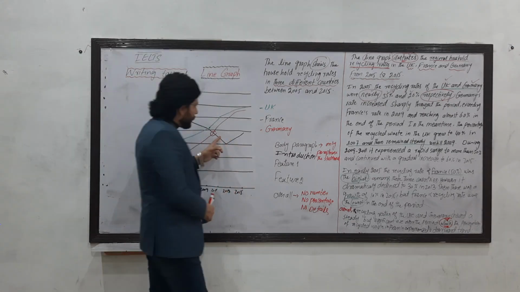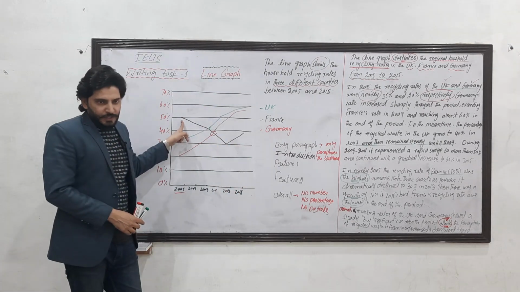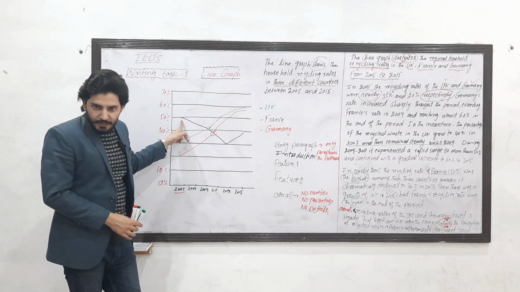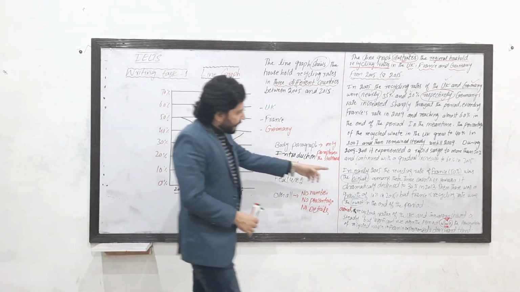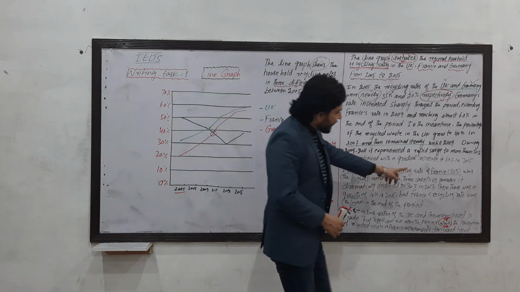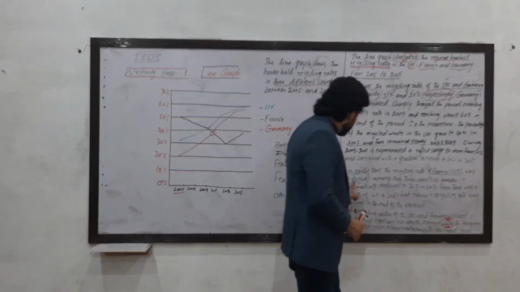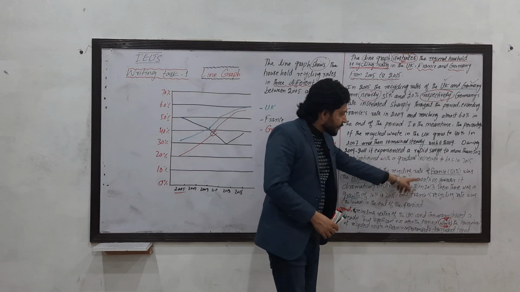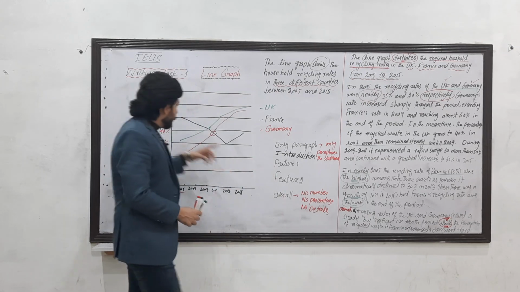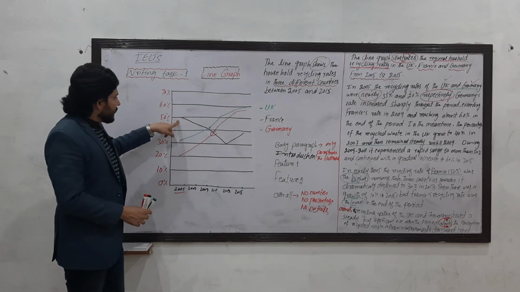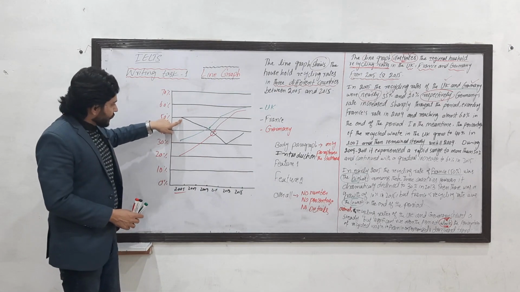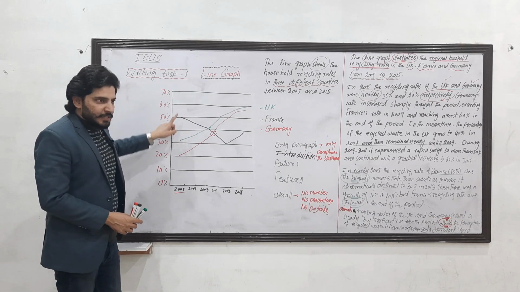Now look at France, and it showed opposite trend. In early 2005, the recycling rate of France was the highest among these three countries. If you look at the line graph, it was the highest among three countries.